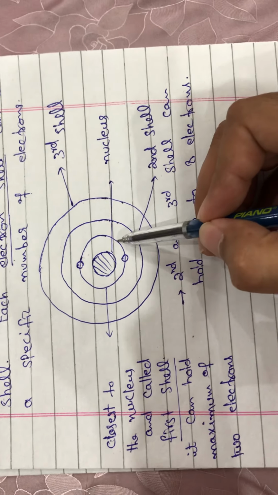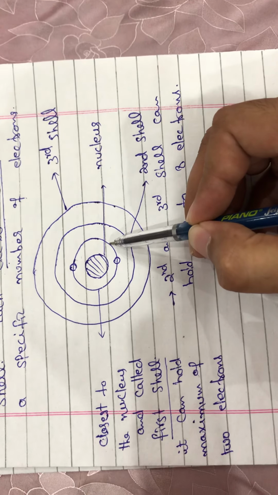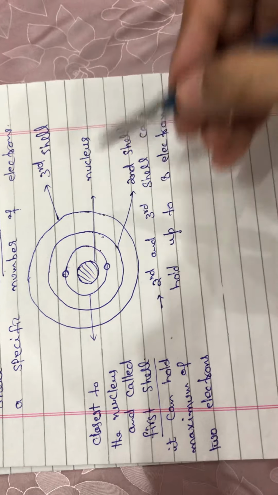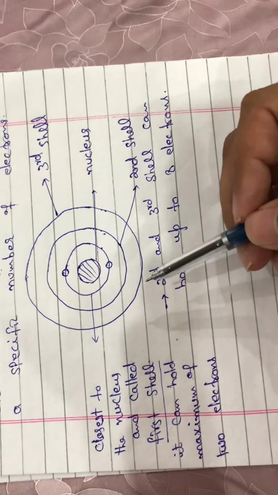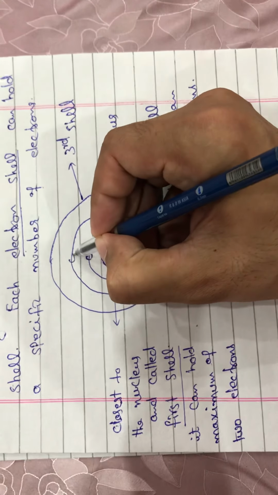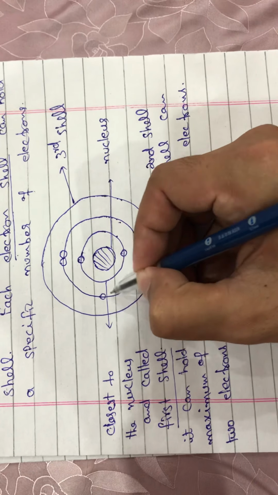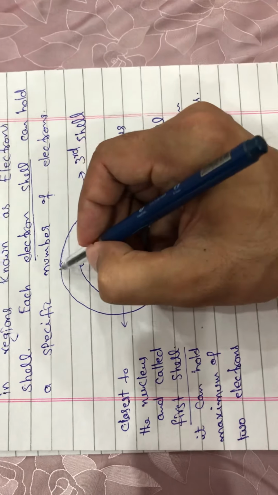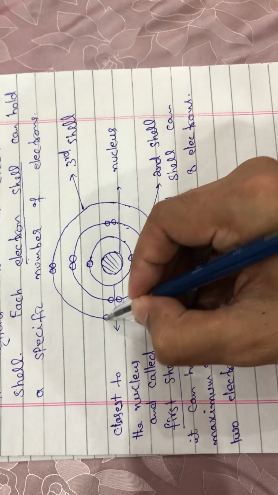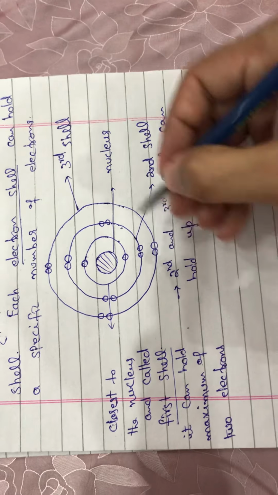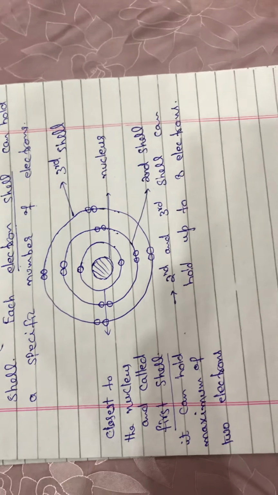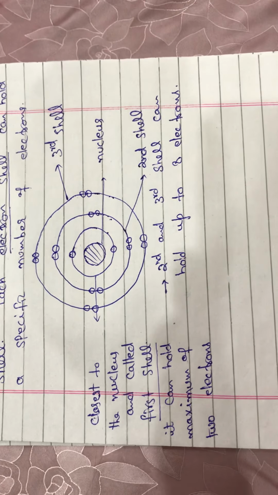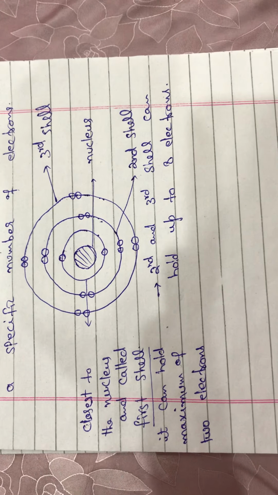Firstly the first shell will be completely filled, then the second shell, and then the third shell, and subsequent shells are filled in this way. Now we are writing, the second shell contains how many electrons? 8 electrons. And the third shell also contains how many electrons? 8 electrons. In this way we are filling the electrons in the electron shells.